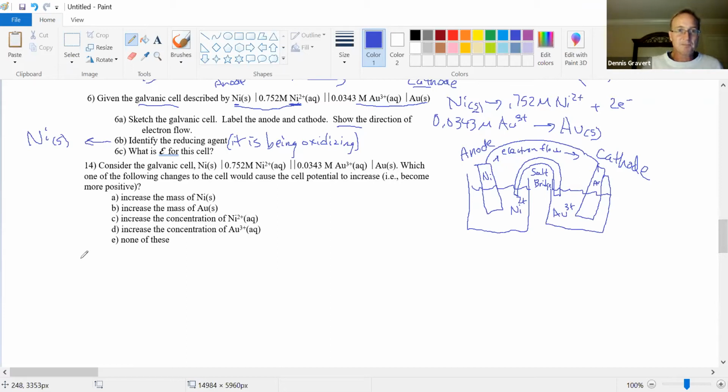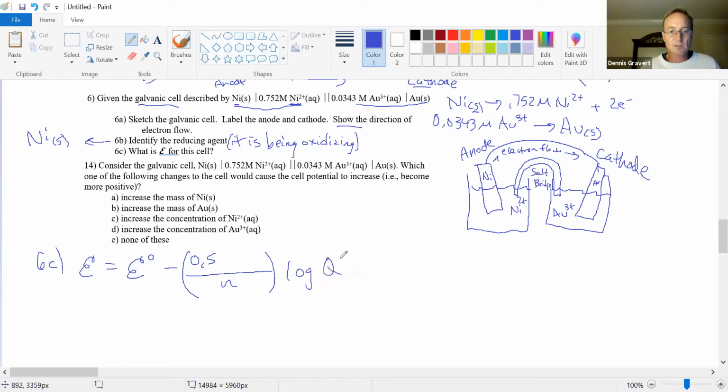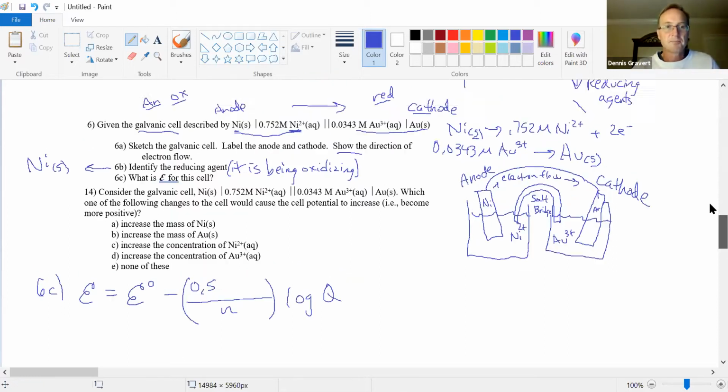But for 6C, this is the equation we need. The actual cell potential or voltage is equal to the standard potential minus 0.5 something all over n times the log of Q. Let's go back and get the rest of it.